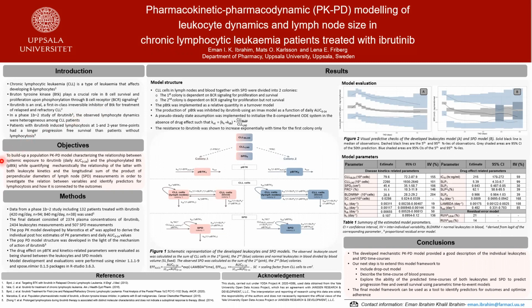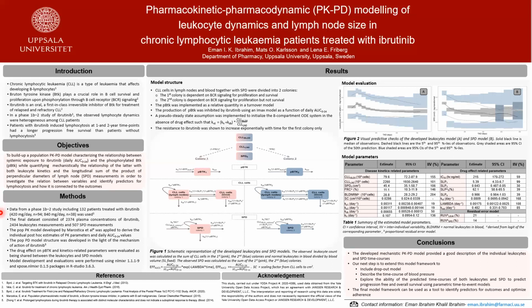So the aim here was to build up a population PK/PD model characterizing the relationship between systemic exposure to ibrutinib and the phosphorylated BTK, while quantifying mechanistically the relationship of the latter with both leukocyte kinetics and SPD measurements, in order to investigate the relationship between the variables and identify predictors for lymphocytosis and how it is connected to the outcome.